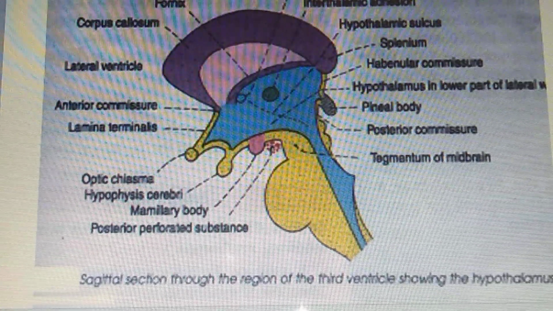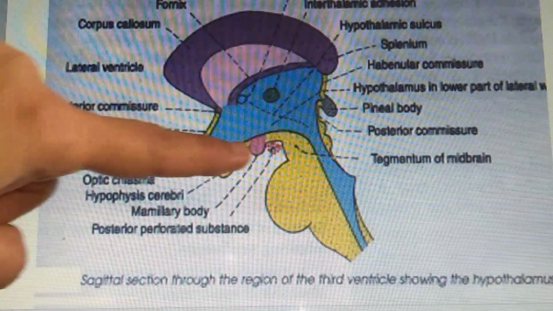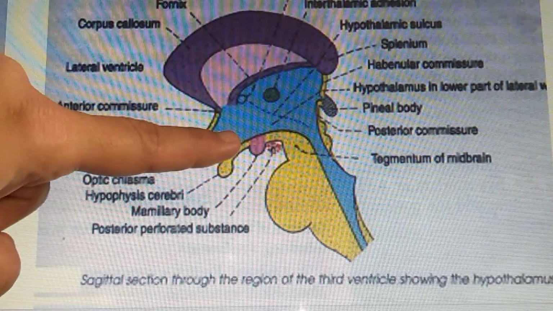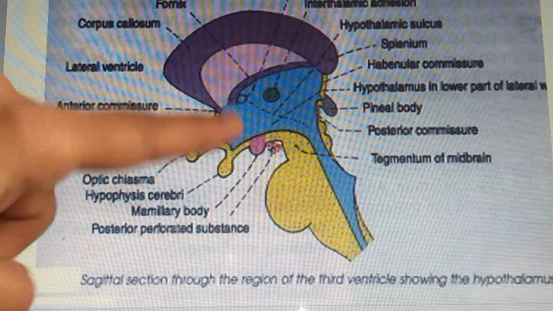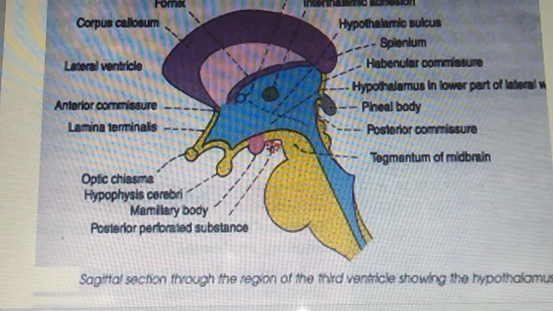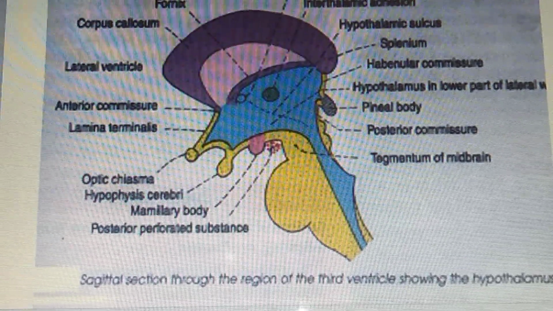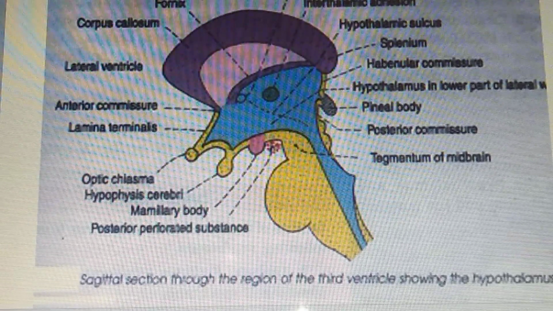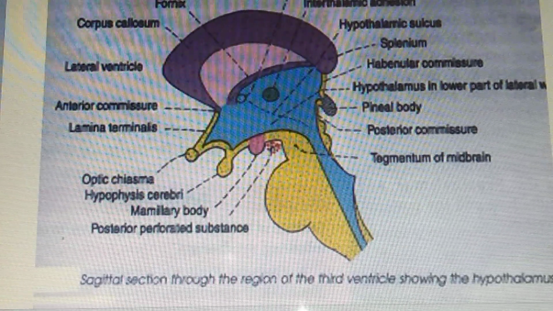Tumors in the lower part of the third ventricle give rise to the hypothalamic syndrome. Here, if there is a tumor in the lower part, it gives rise to symptoms related to the hypothalamus, and you know the functions of the hypothalamus. So it will give rise to hypothalamic symptoms like diabetes insipidus, obesity, sexual disturbances, disturbances of sleep, hyperglycemia and glycosuria.